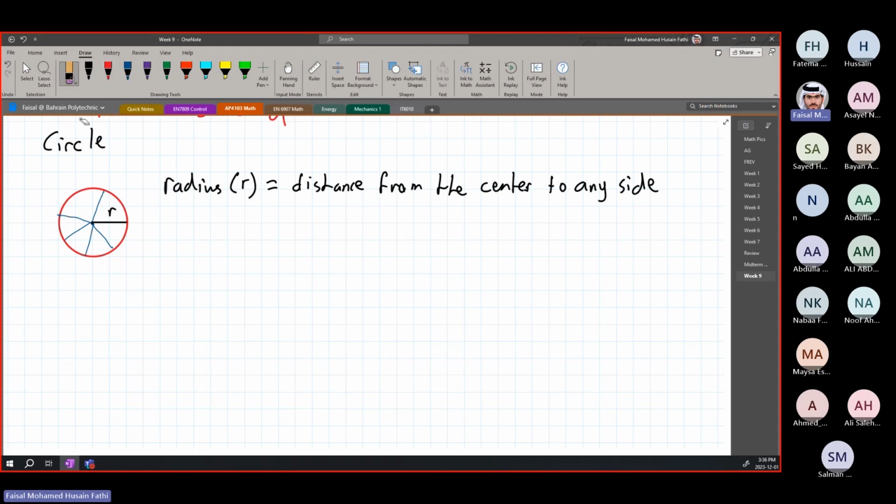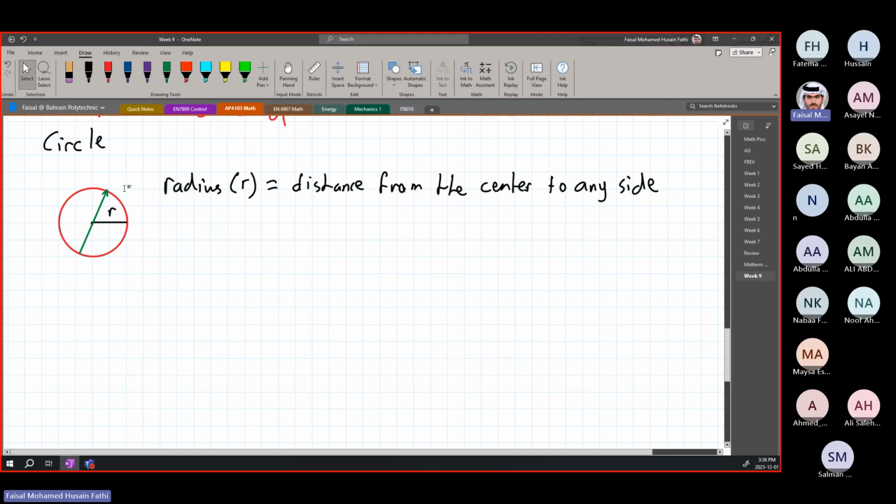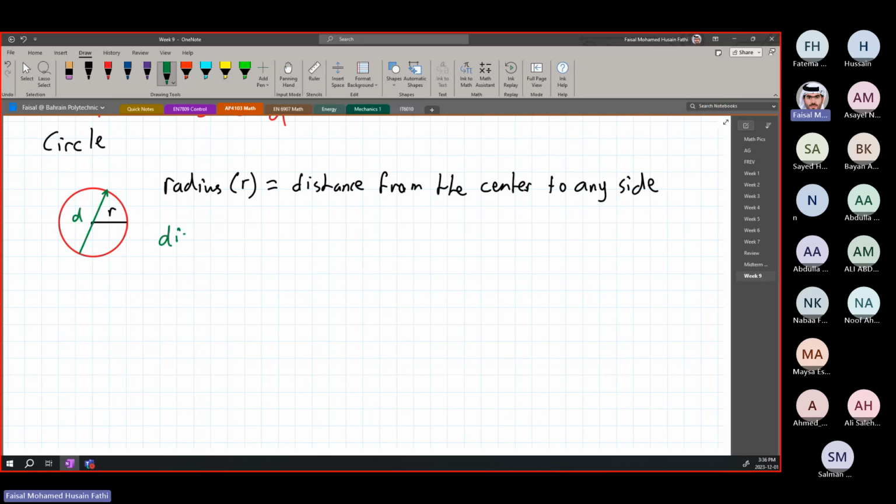Okay? There's another thing that is also related to the radius and the circle. If we take a line from here to here, that passes through the center, this is called the diameter, D. It is the distance from one side to the other, passing through the center.